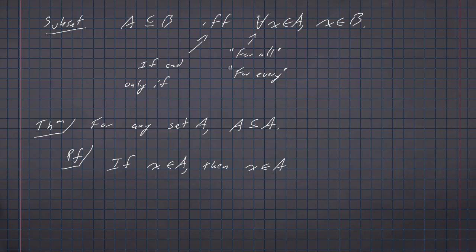All right. And to prove that, we get one of the stupidest lines in mathematics. If x is in A, then x is in A, obviously. But that's what it takes. If we take any value of x in A, we get that x is a value in A. And that's the definition of a subset.